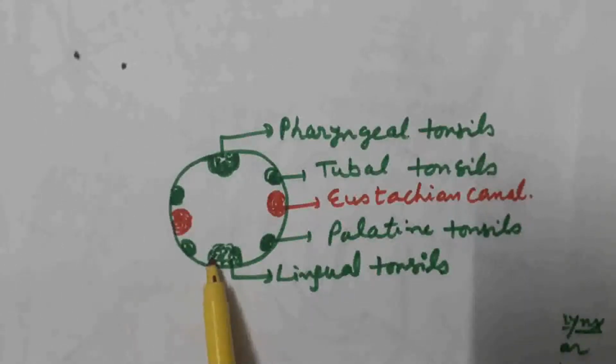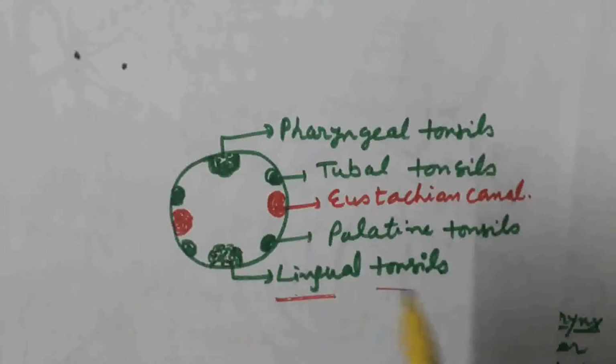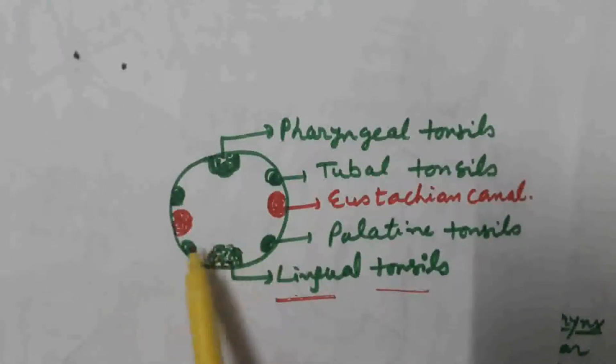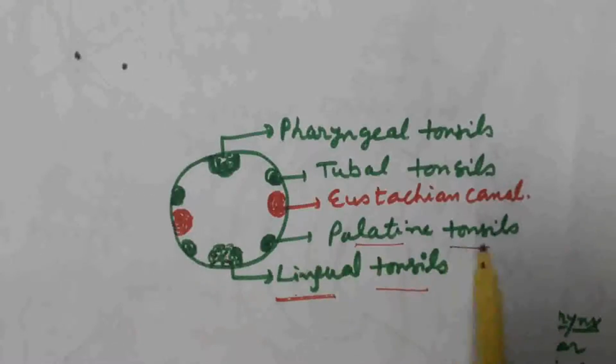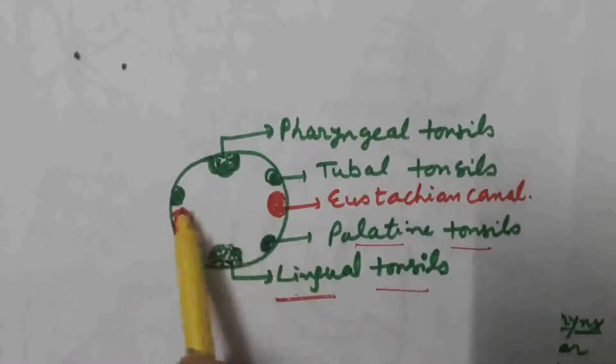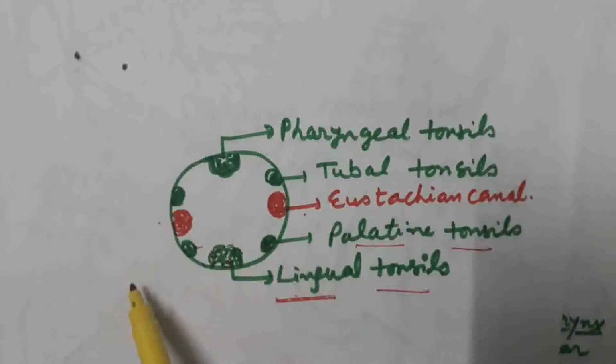This is the lingual tonsils, which is present at the lower surface. This is known as the lingual tonsils. On the lateral sides, there are palatine tonsils. One pair of palatine tonsils is present. These red colors are showing the eustachian canal. One is on the left side and one is on the right side.